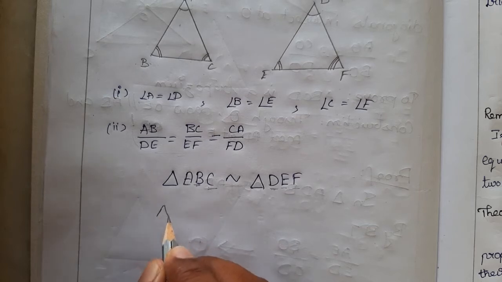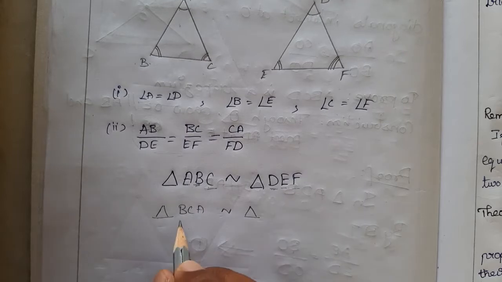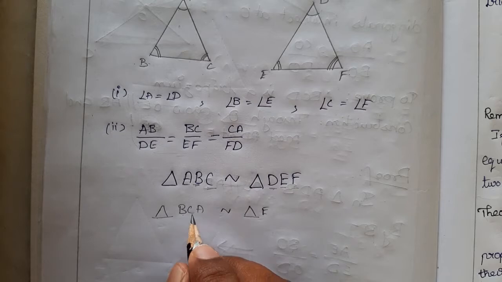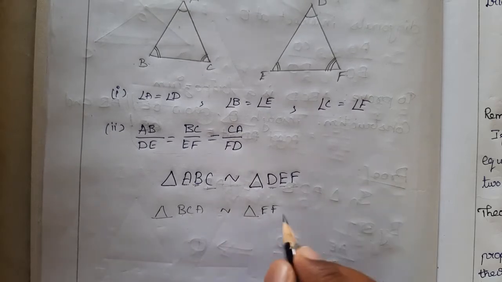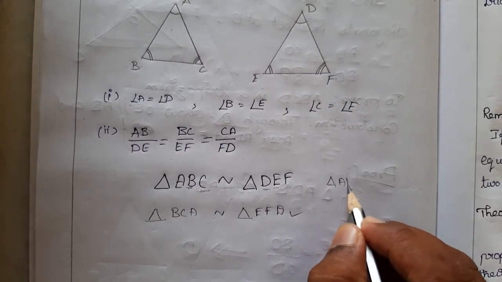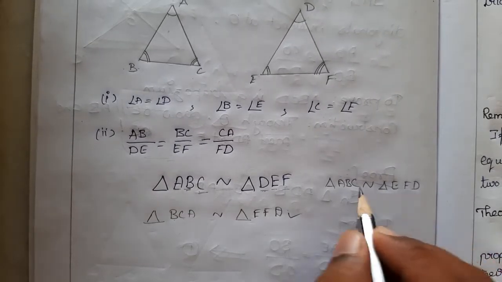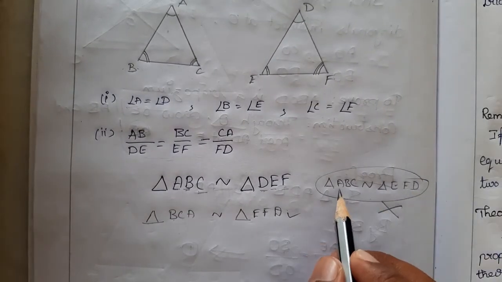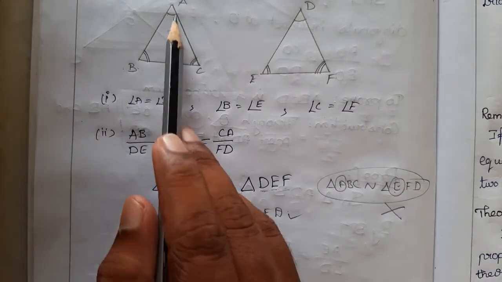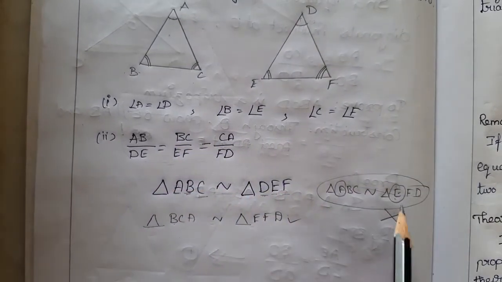Even this we can write as triangle BCA, meaning you should write the corresponding sides in order. The corresponding of B is E, for C it is F, and for A it is D. So this is right. But if you simply write triangle ABC is similar to triangle EFD, this is wrong, since A would correspond to E. But angle A is equal to angle D, so this is not corresponding.